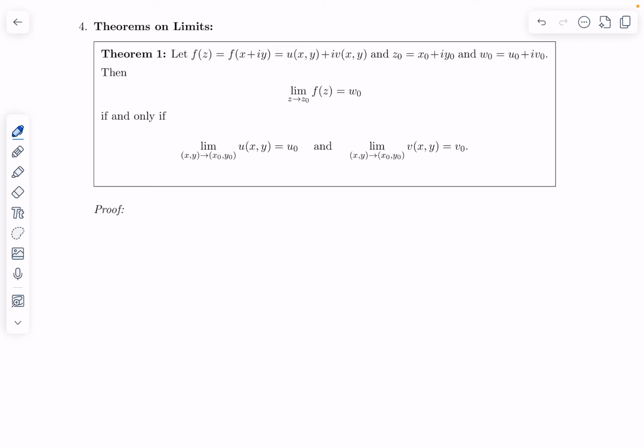So this relates the complex limit to two real limits of the real functions u of xy and v of xy, which are the real and imaginary parts of my function f of z.